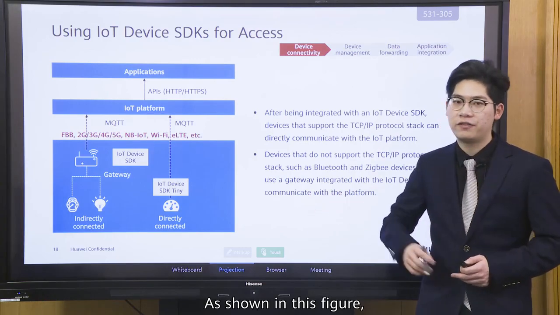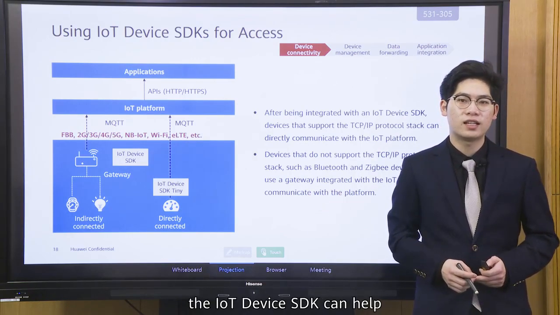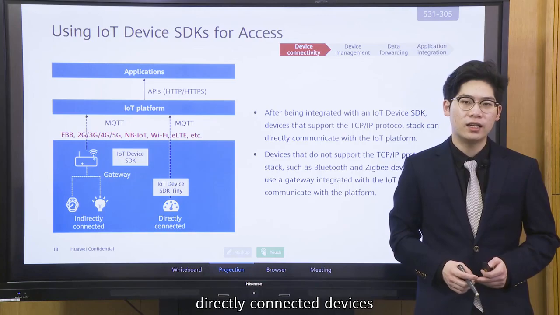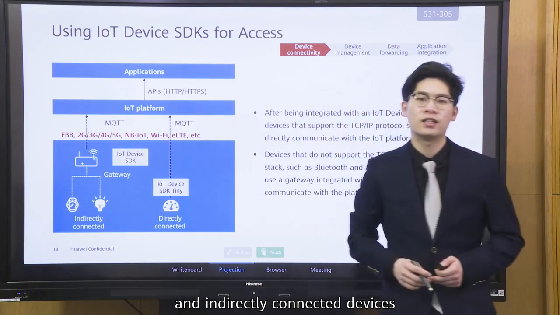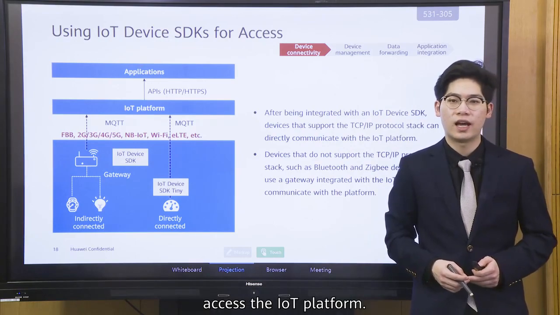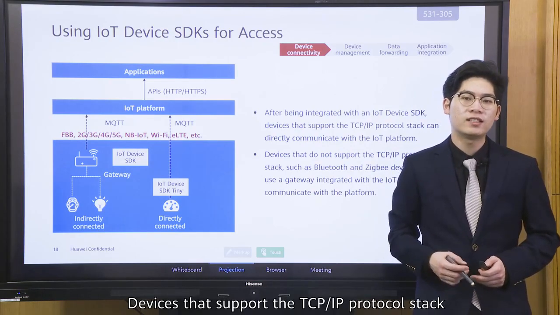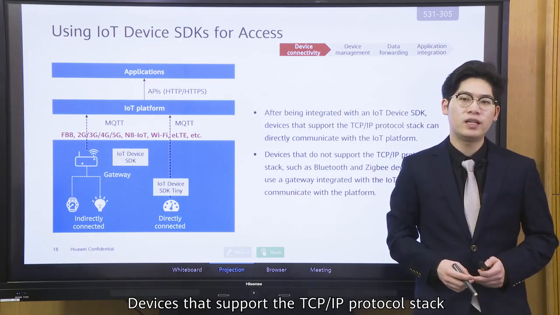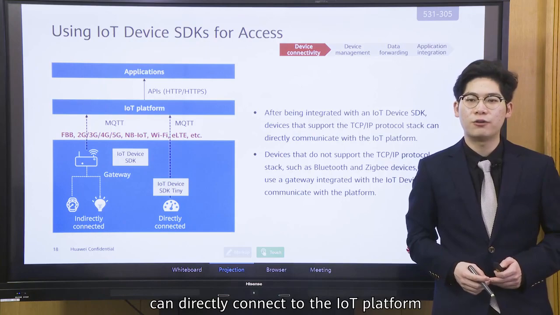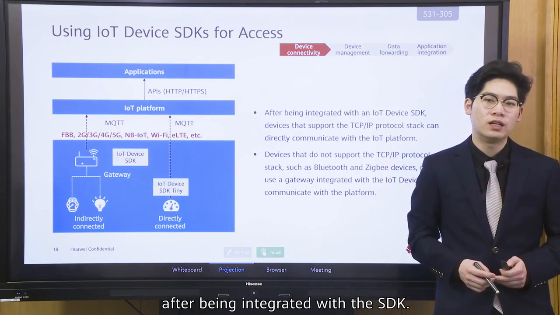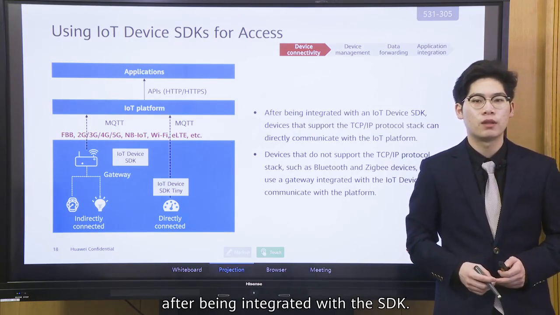As shown in this figure, the IoT Device SDK can help directly connected devices and indirectly connected devices access the IoT platform. Devices that support the TCP/IP protocol stack can directly connect to the IoT platform after being integrated with the SDK.